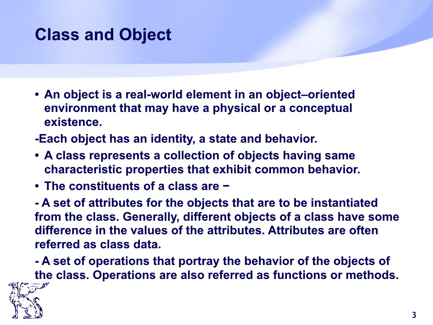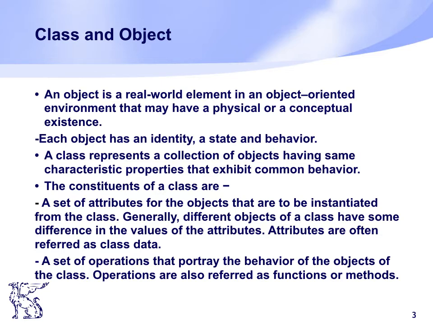A class represents a collection of objects that have common behavior. An object is an instance of a class, so they are actually interlinked with each other. A class consists of a set of attributes and a set of operations. Let's give an example, then you will have a better idea.